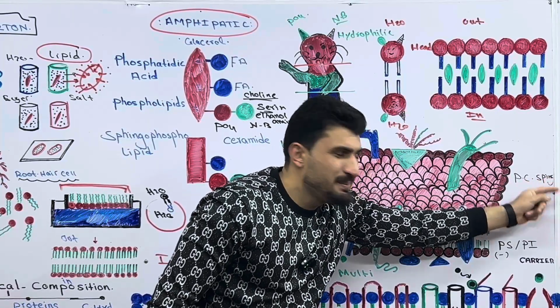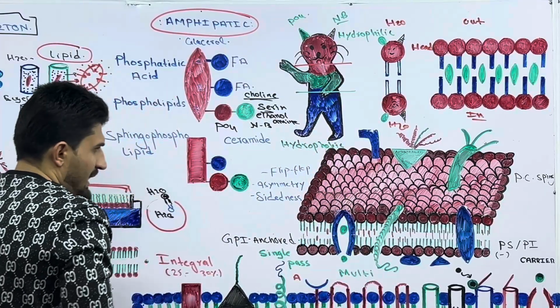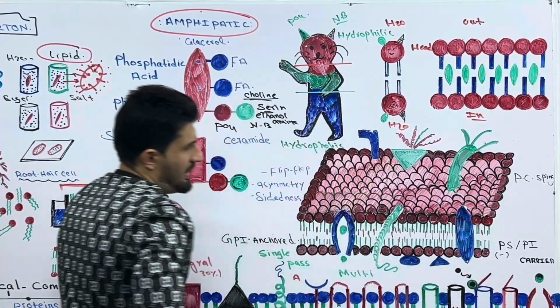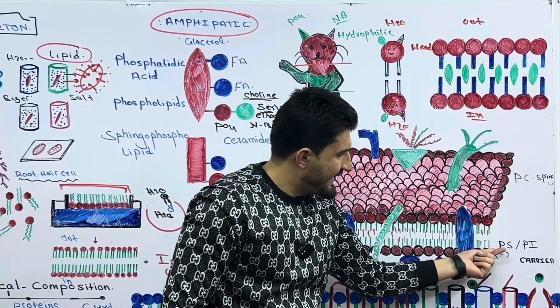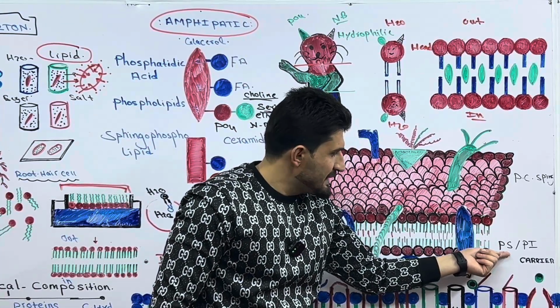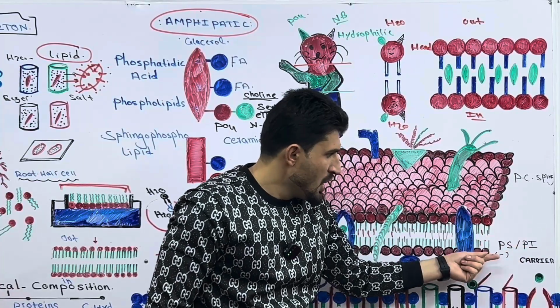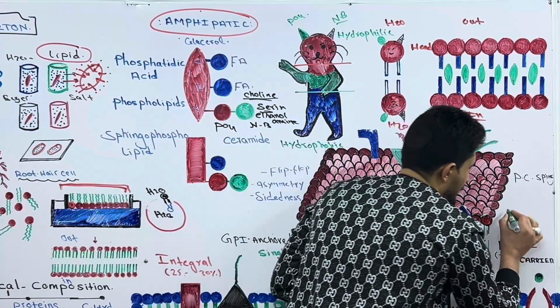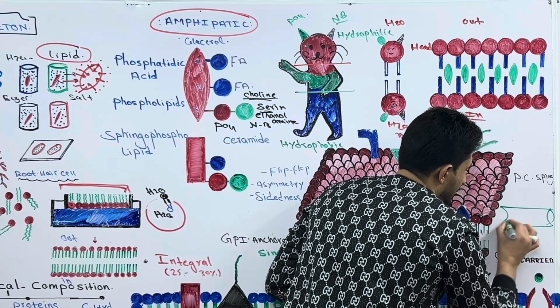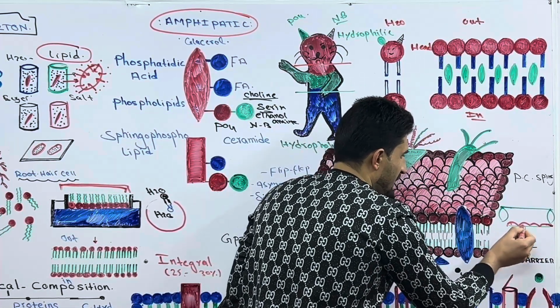Let me explain what sphingomyelin is, and it also has a clinical role. Okay, this phosphatidylserine or phosphatidylinositol, for example, this is a blood vessel, and a blood vessel is made of endothelial cells.